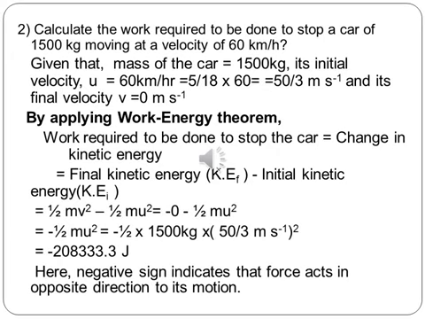By substituting the values of m and u, we get change in kinetic energy is equal to minus 2,08,333.3 joule. Here, the negative sign indicates that the force acts in the opposite direction to its motion. So, this work done is the negative work.